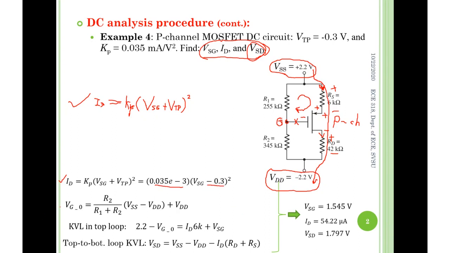How about the second, the voltage divider? Does it make sense? Here, what I'm looking for is the voltage at the gate, with respect to where? Ground.